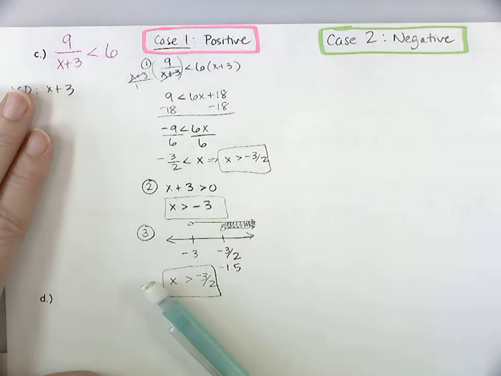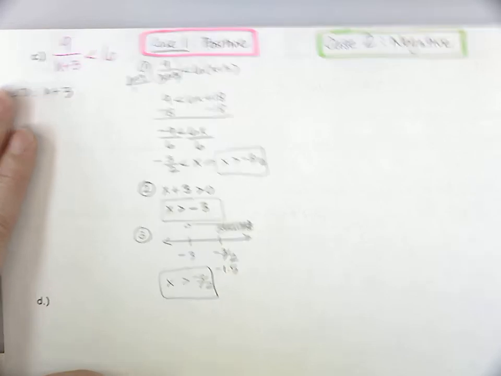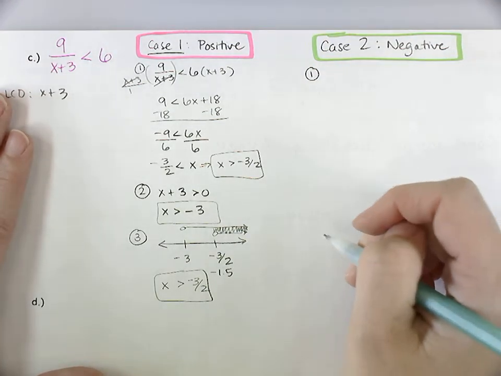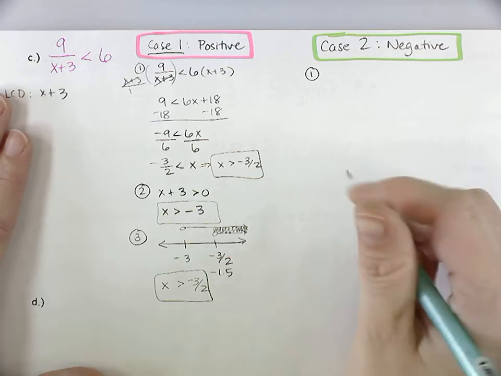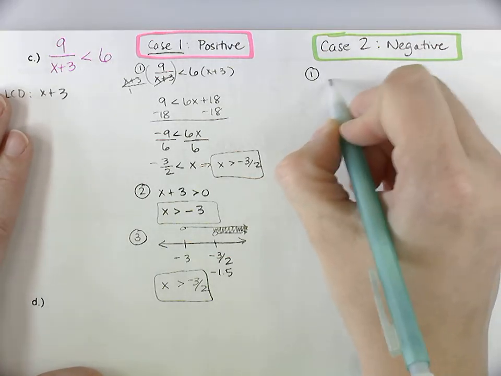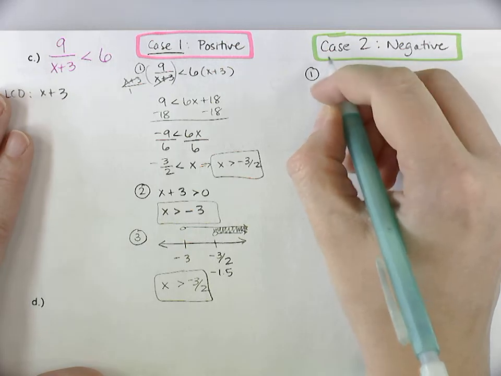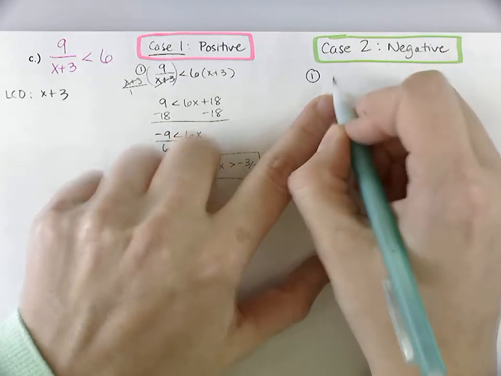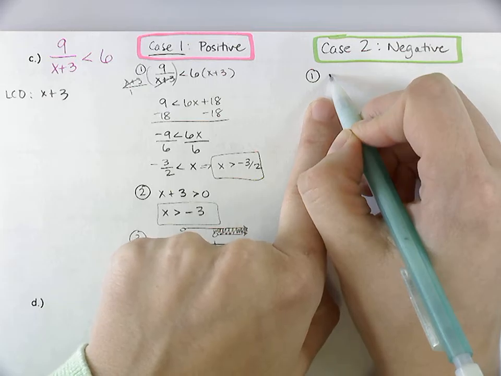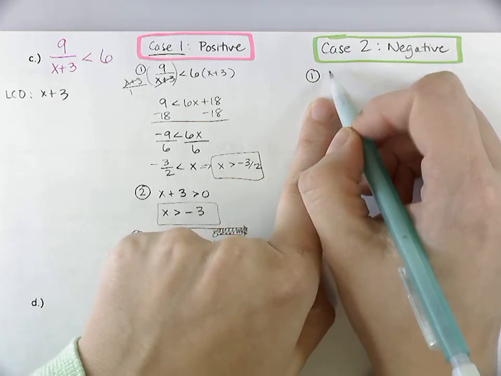Now your case 2 is usually going to go a little bit quicker, right? For your first step, Gabe, what do we know our inequality is going to be? So you have to have x in it, right?